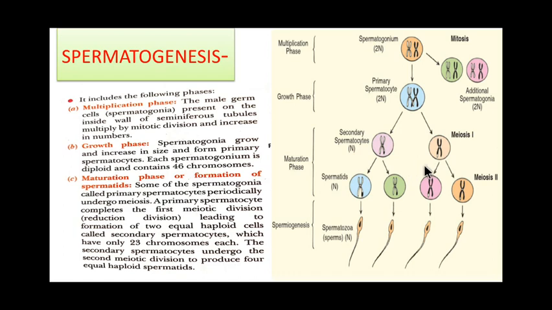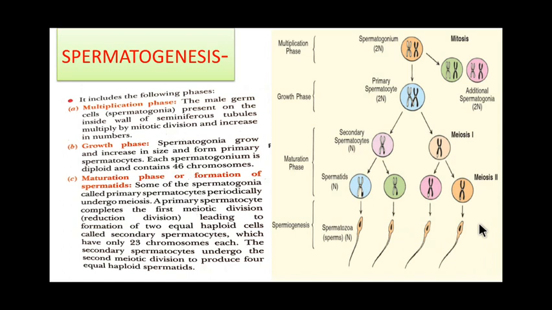These in turn undergo a second meiotic division, that is an equational division, to produce four equal haploid spermatids, and each spermatid has 23 chromosomes. These spermatids are unspecialized cells and they do not undergo any further division. All four spermatids, though they have separate nuclear matter, still remain connected by the cytoplasm, so they separate only during spermiogenesis.